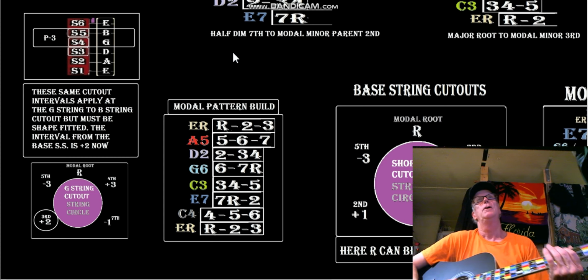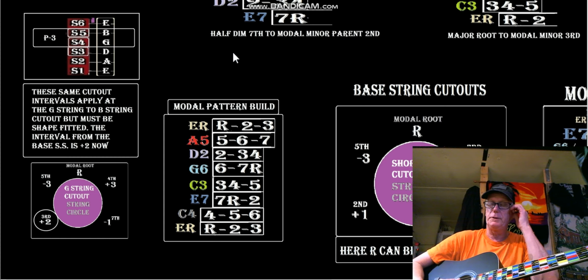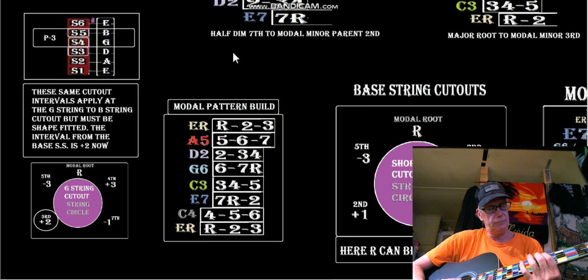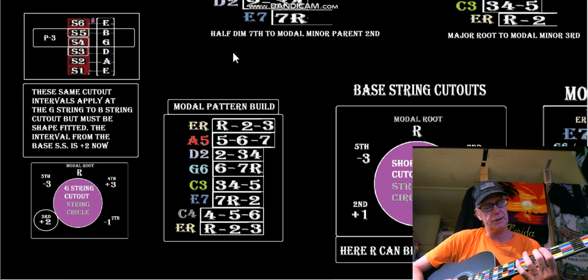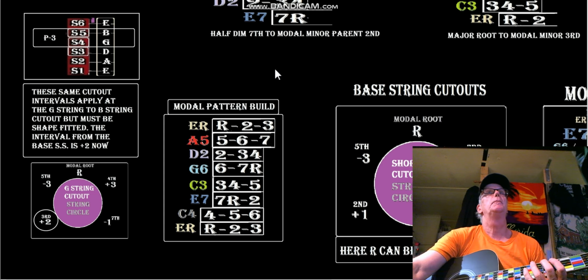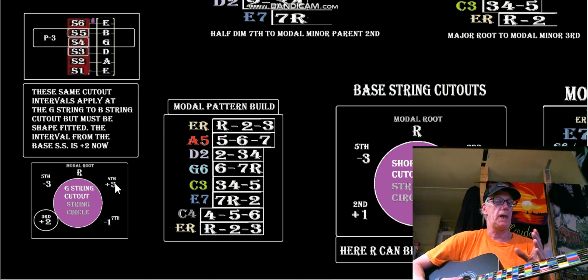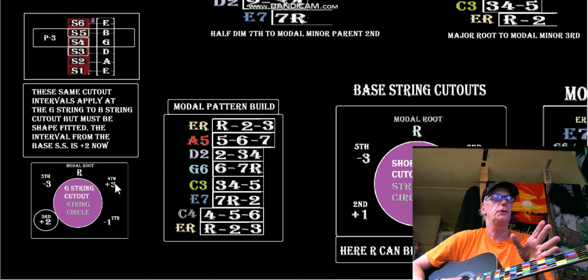Okay, so what were we talking about? Oh yeah. So when we play that cutout off the bass string, it's going to go to plus 3. This is the rule for today: major third goes to its minor third.